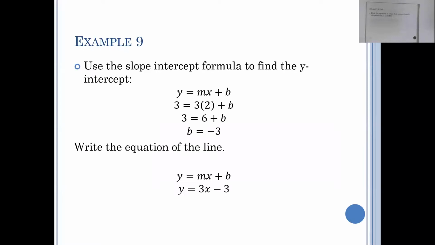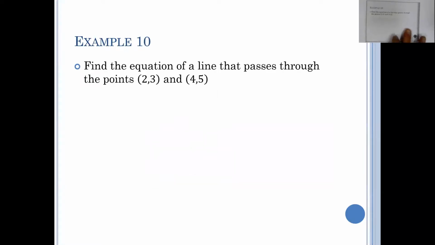And we got 3x minus 3. Okay, so we're ready for 10. So find the equation of a line that passes through the points (2, 3) and (4, 5). So again, I'm going to go back to the camera.